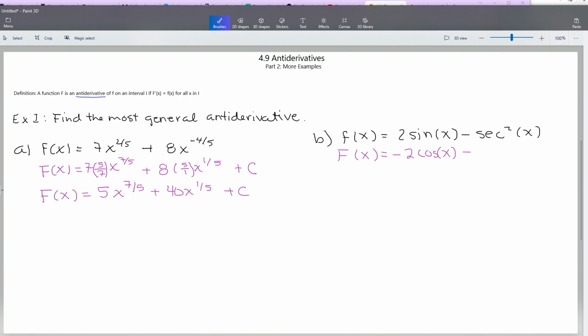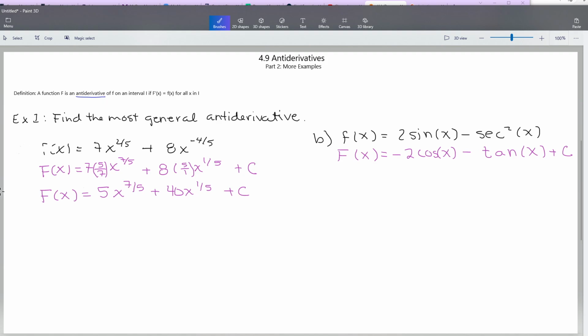We have to recognize secant squared as the derivative of tangent. So the antiderivative is going to be tangent x. Okay, and then we have our plus c, because again, the constant doesn't affect the derivative. So these are really ones where we are using the power rule that we talked about in the first video, or we are recognizing the antiderivatives of the trig functions.